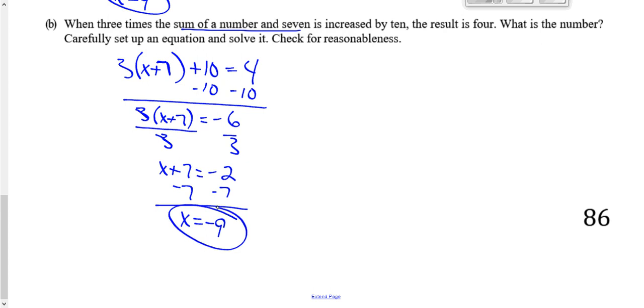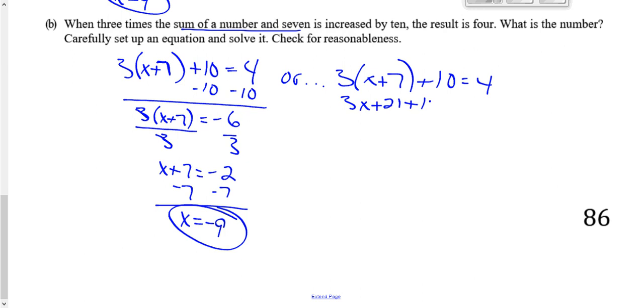Or you could have done it by distributing. I'll do that real quick. 3 times x plus 7, plus 10 equals 4. You could do 3x plus 21 plus 10 equals 4, but don't start adding and subtracting to both sides until you get everything like terms combined. 3x plus 31 equals 4.